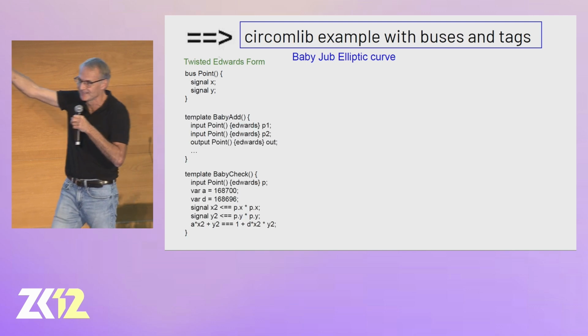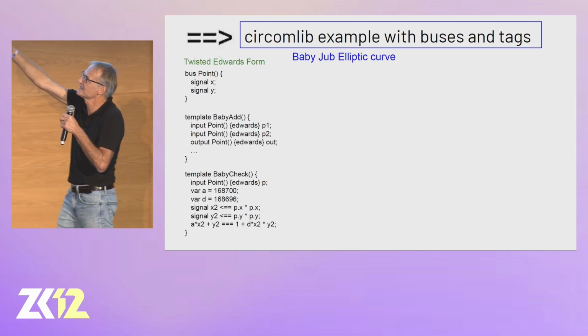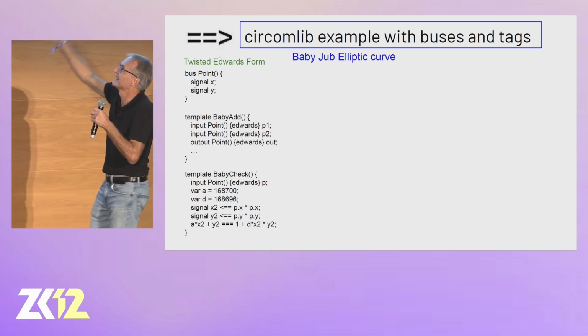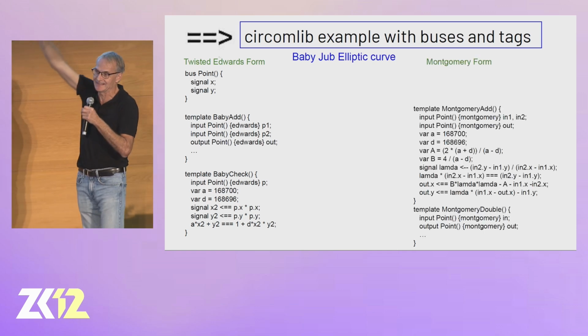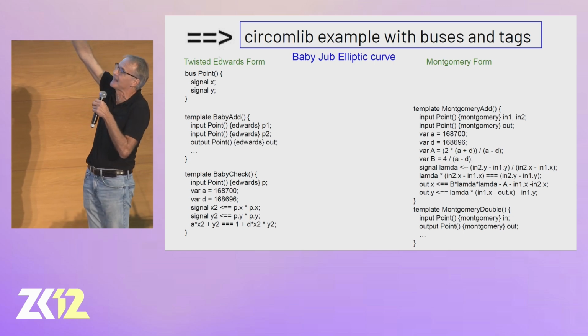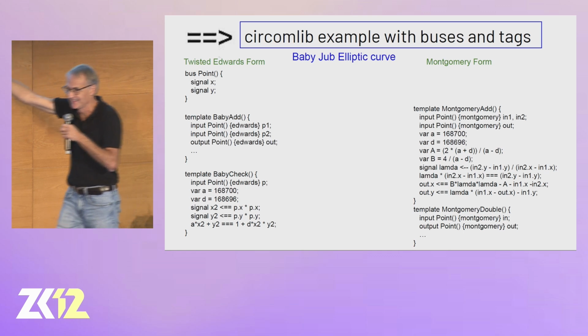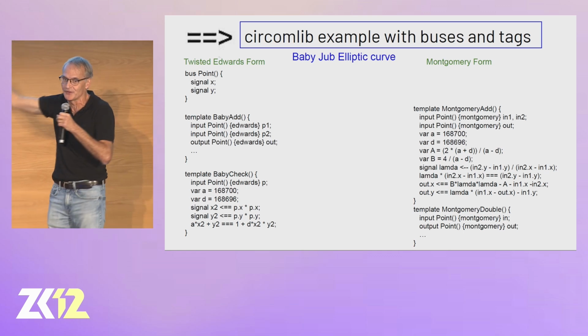So here you have points, and then you add the tag Edwards. In the other case, we don't add a new bus, but we use the same one and add the tag Montgomery. Now you cannot mix them again, because you will check whether you have the tag or not.